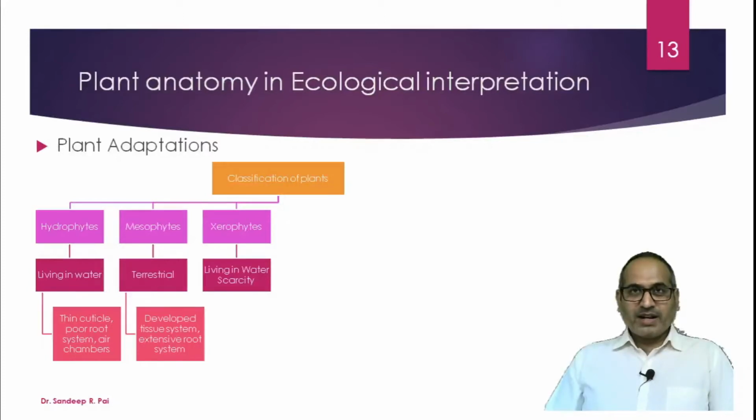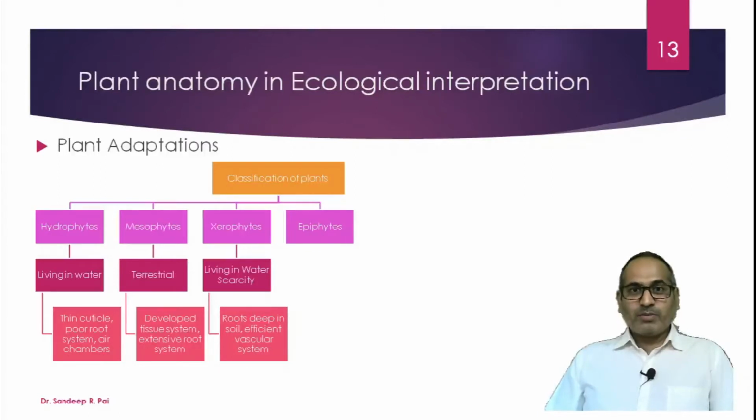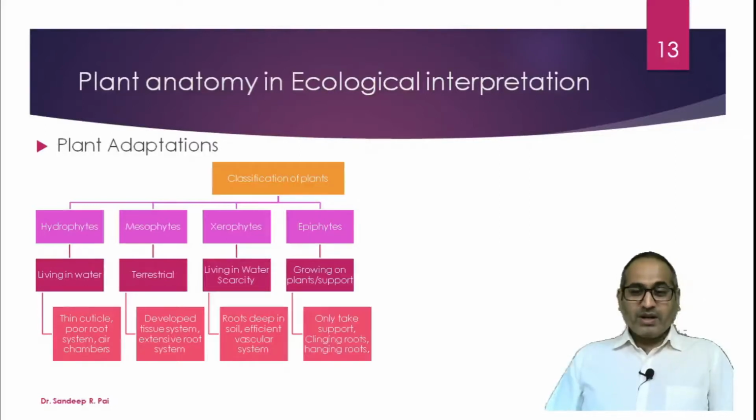These plants, particularly, have characters like roots deep in soil and an efficient vascular system. Then we move on to the other type of ecological interpretation, which is epiphyte. They grow on other plants and require a support to grow. What are the characters of epiphytes?